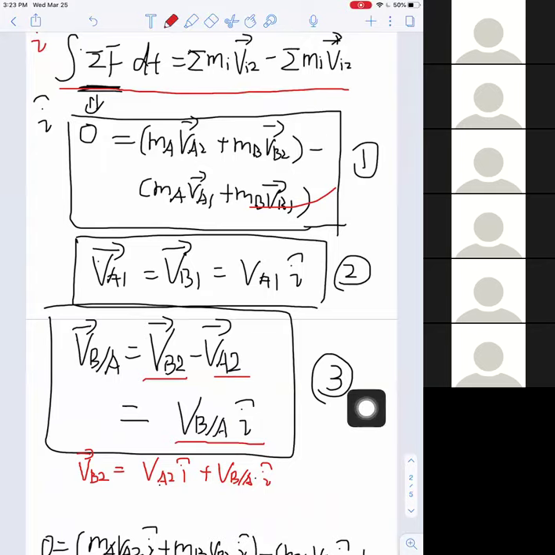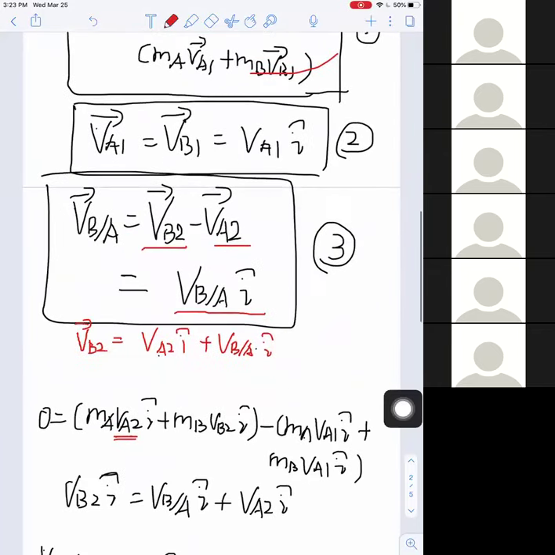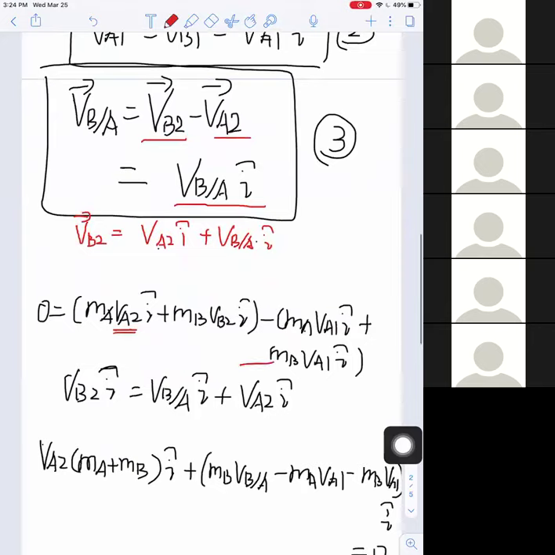Once we do that, we end up with a little bit longer expression with vA2, vB2, vA1, vA1 inside of the equation.